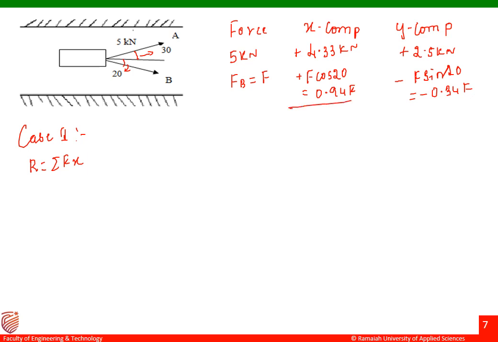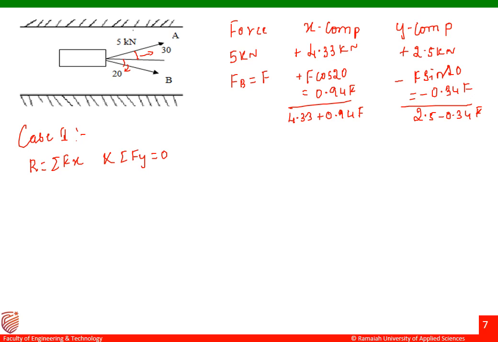Now let us find summation Fx and summation Fy. Summation Fx is 4.33 plus 0.94 F, and summation Fy is 2.5 minus 0.34 F. Here R equals summation Fx, and summation Fy is equal to 0.